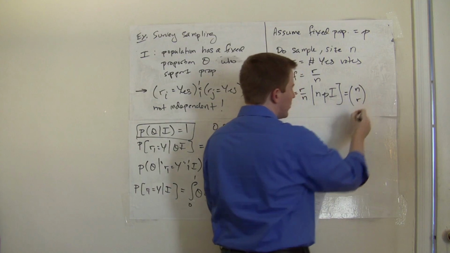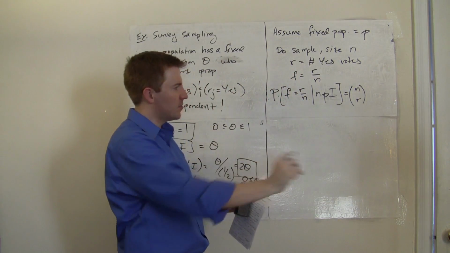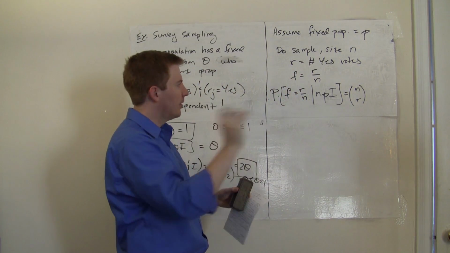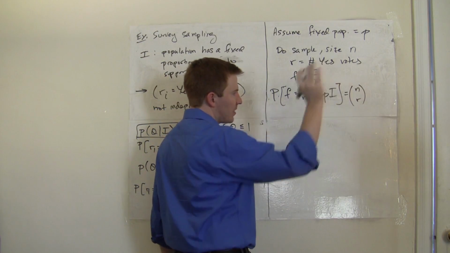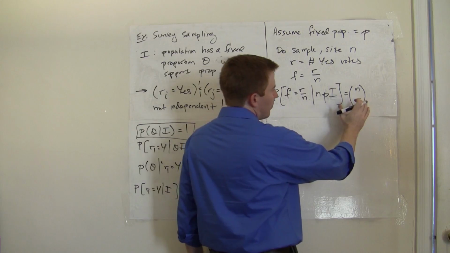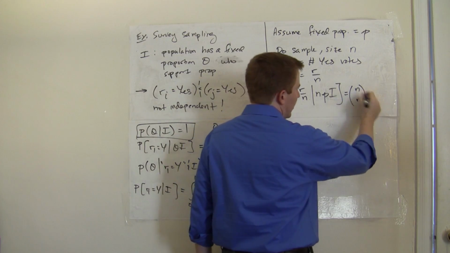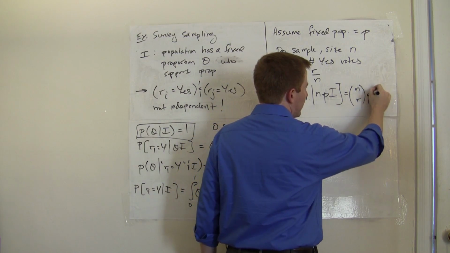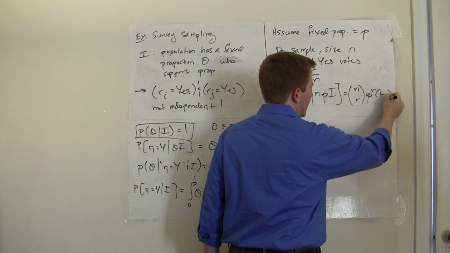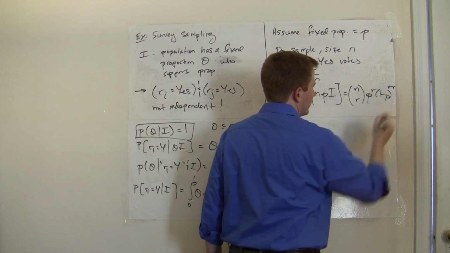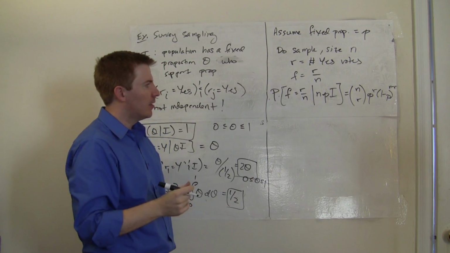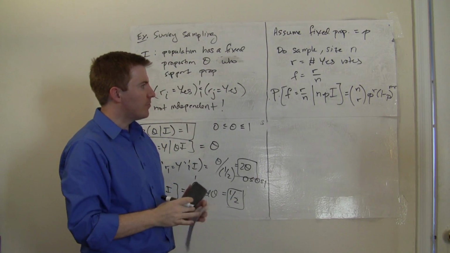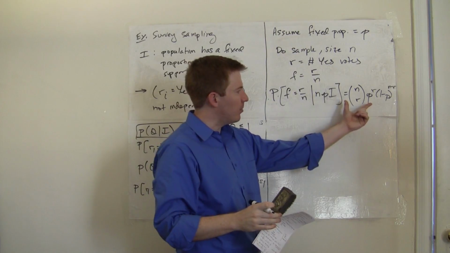So let's assume that we do this kind of sampling with replacement. So we sample a person and we may sample them again, that's okay. So we throw them back in the pool, we sample somebody else. So we get a binomial coefficient, n choose r, we have p to the r and 1 minus p to the n minus r. Okay, so that's our binomial distribution that we derived for sampling with replacement problems.